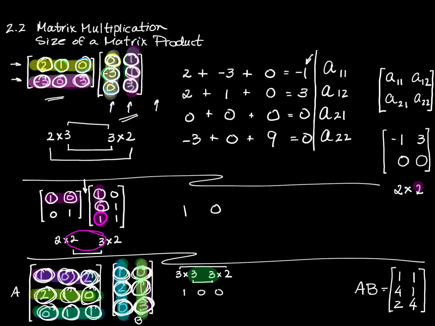The number of columns in the first matrix and the number of rows in the second matrix must be the same. When you're doing this multiplication, the result will be a matrix the size of the outside dimensions of the multiplication. So that is why the size of a matrix product is the first topic in this section.